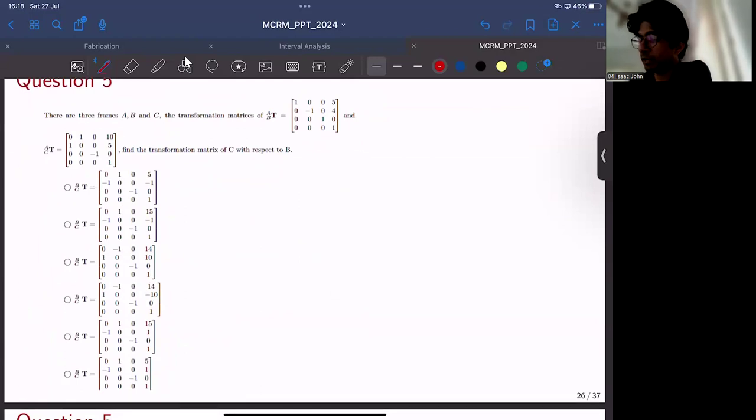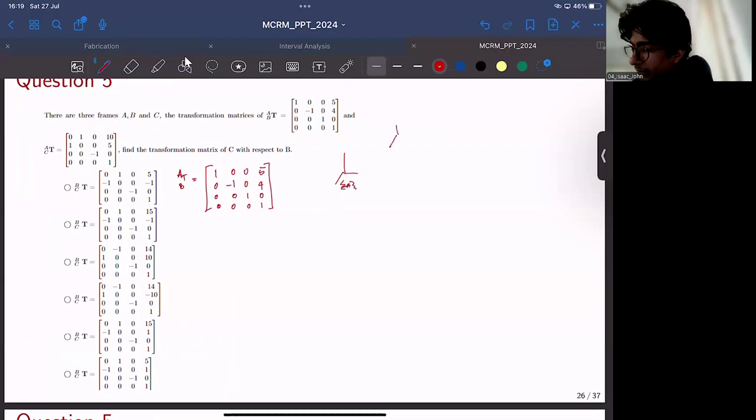So moving on to question 5. Now we deal with the transformation matrices. We have been given a transformation matrix ATB as 1, 0, 0, 5, 0, minus 1, 0, 4, 0, 0, 1, 0, and 0, 0, 0, 1. If there are two frames, let this be frame A and let this be some other frame B, the position and orientation of frame B with respect to A is defined by this transformation matrix ATB.